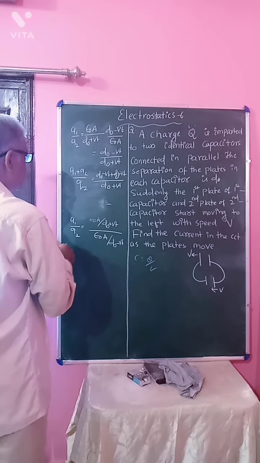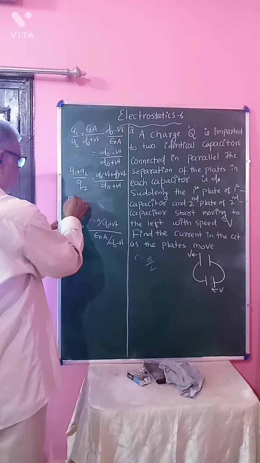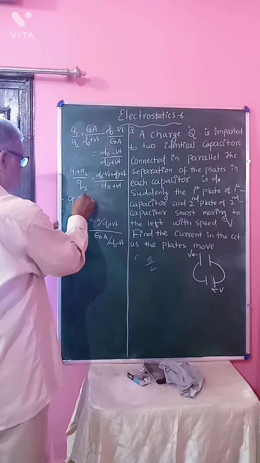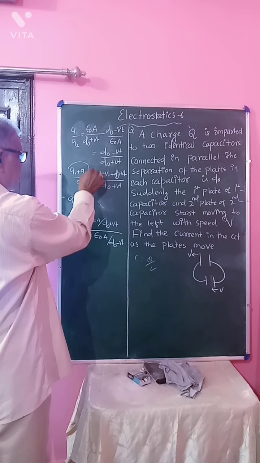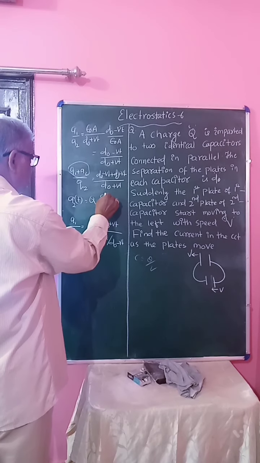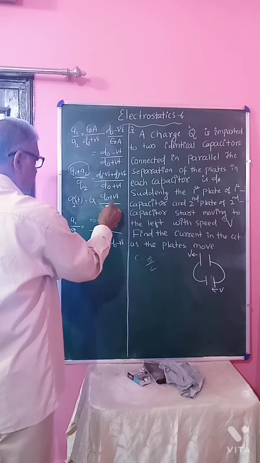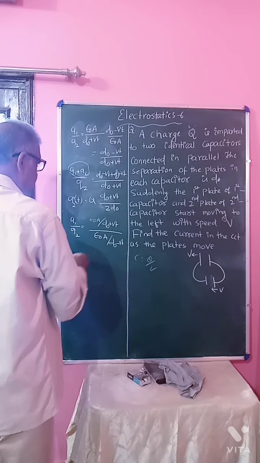As a result, Q2 as a function of time in terms of the total charge is capital Q times d0 plus vt by 2d0.